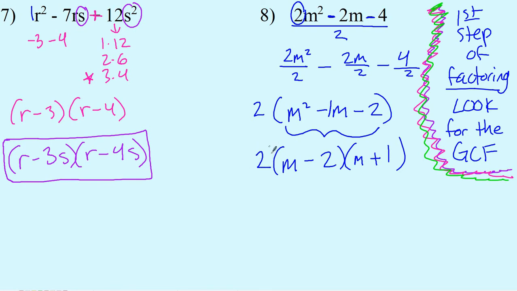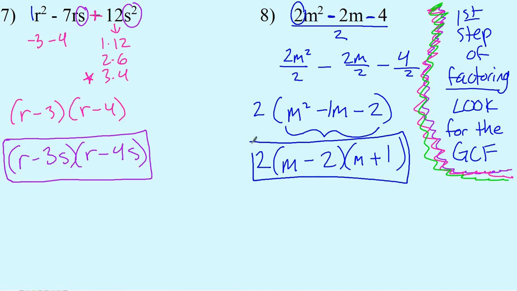And if you leave that 2 off, that GCF, I will take off half credit. So don't forget your GCF. I'm that serious about it because people forget it all the time. You could factor this all perfectly, but if you leave off this 2, you will only get half credit. So please, please, please don't forget the 2.